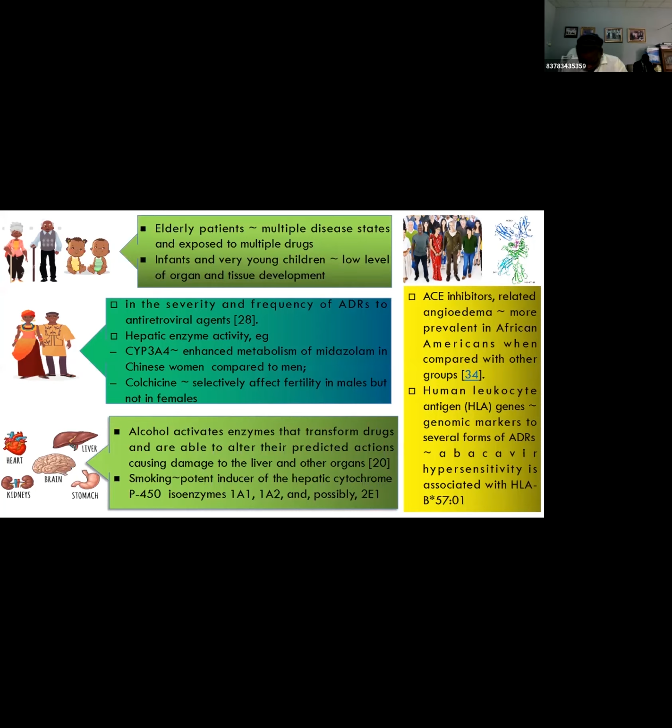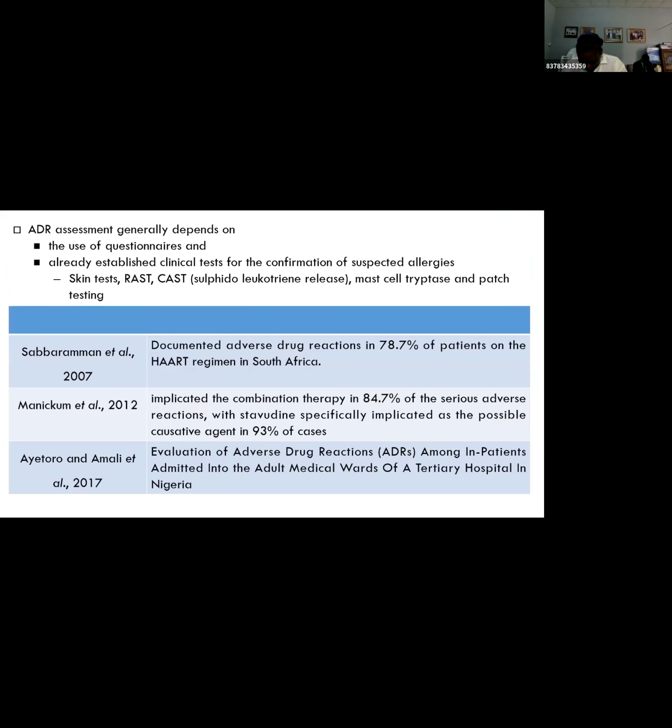Allopurinol is also associated with the HLA marker B1301, and we have a few others that we found that are associated with these HLA genes and markers. Currently, ADR assessment generally depends on the use of questionnaires.